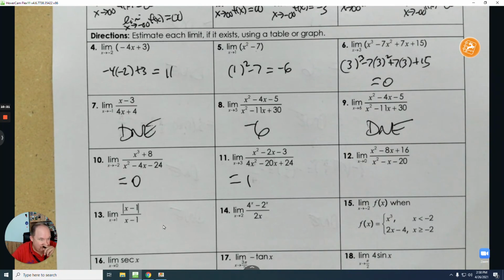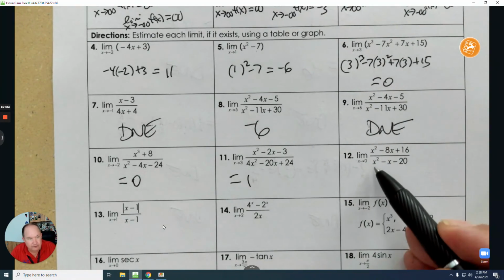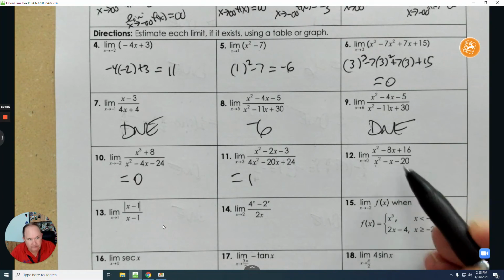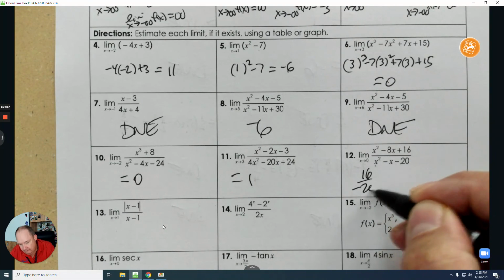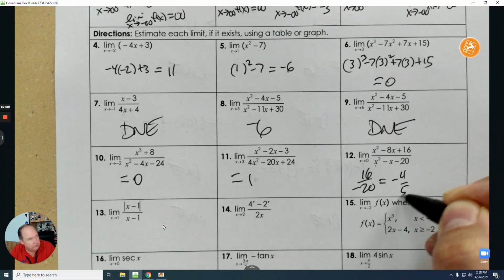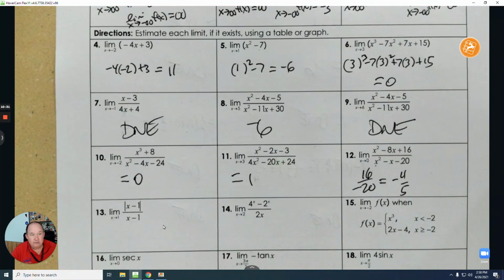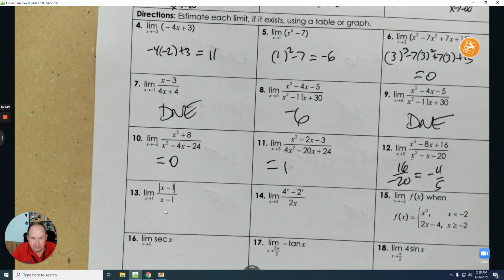For number 12, to evaluate at 0, you can plug in for x and you get 16 over negative 20. Or you could write that as negative 4/5. For number 13, as x approaches 1 for this, let's look at that.